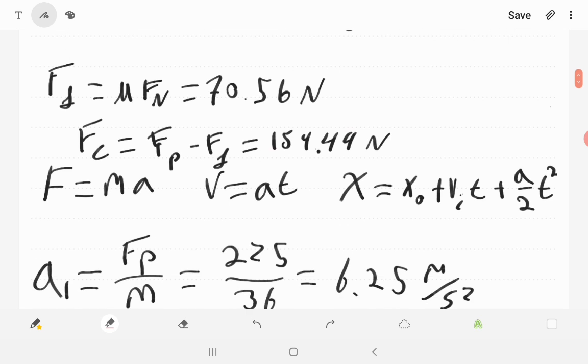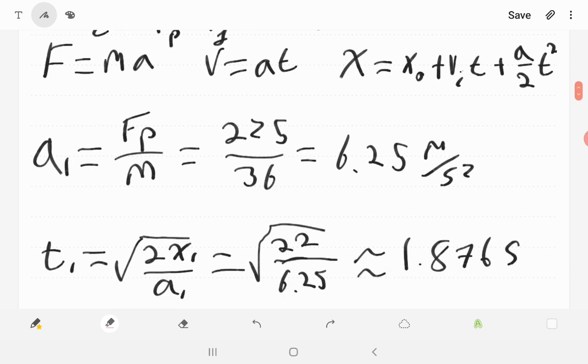And then below that, I always write down a few simple equations that I know I'm going to use during the problem to relate the variables I was given together. So here we have Newton's equation for force, the equation for velocity, and the kinematic equation for finding x.